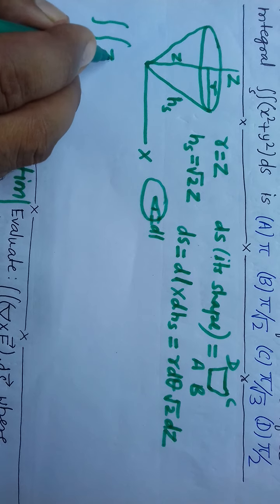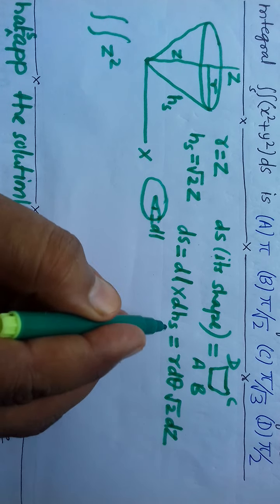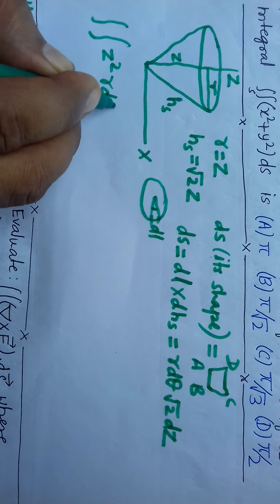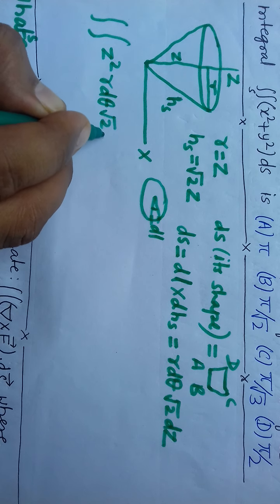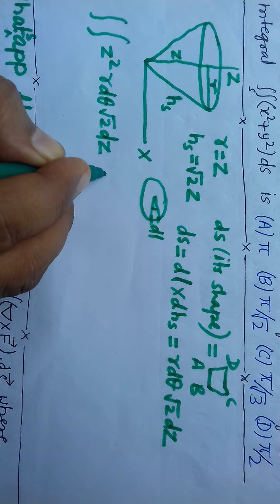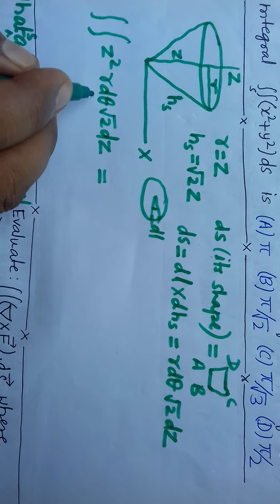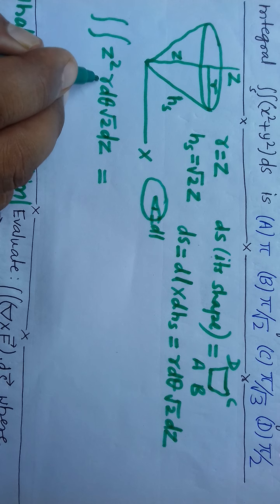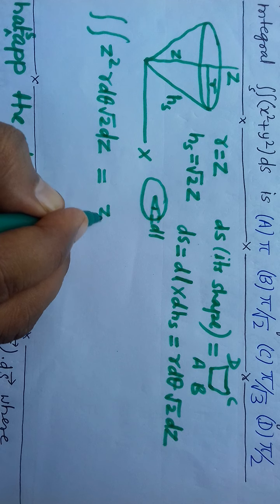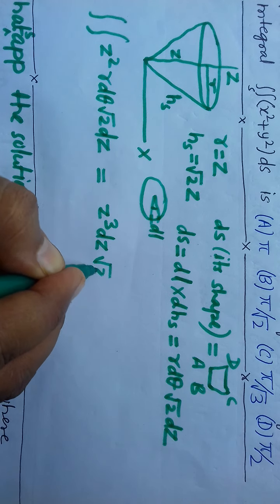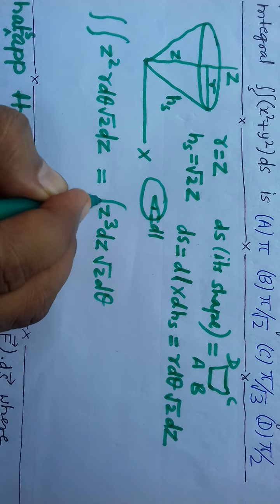So this will be z square, and here dS is r d theta root 2 dz. Again you see here r is equal to z, so z and z square will be z cube dz root 2 d theta.